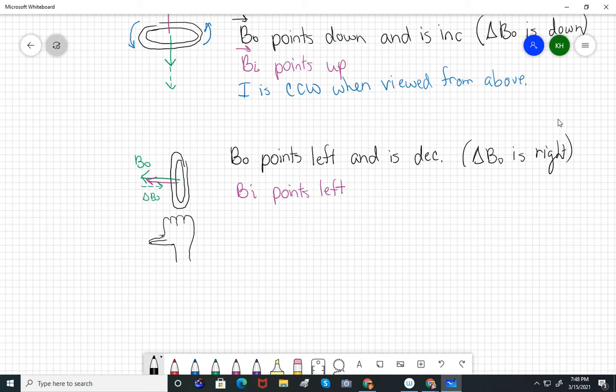Not my best thumb, but you can see that when viewed from the left, I is counterclockwise. Now, if they said view it from the right, I will be clockwise when viewed from the right.